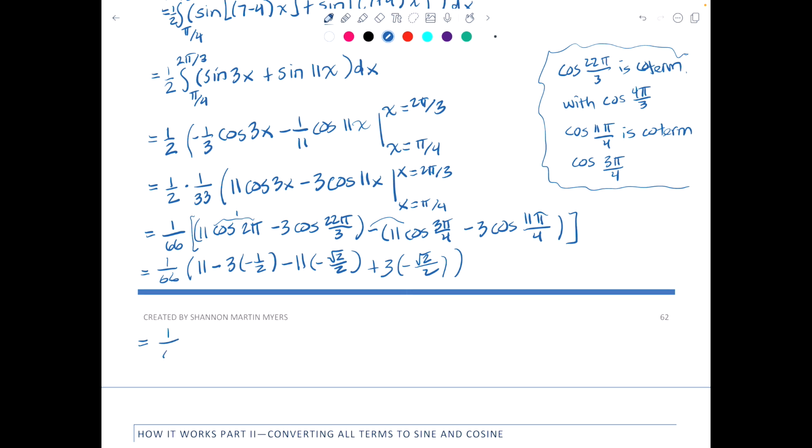So then we'll get 1 over 66 times, let's see, we have 11 plus 3 halves plus 11 halves root 2 minus 3 halves root 2, and combining, let's see, the 11 and the 3 halves, I believe, will give us 25 halves.